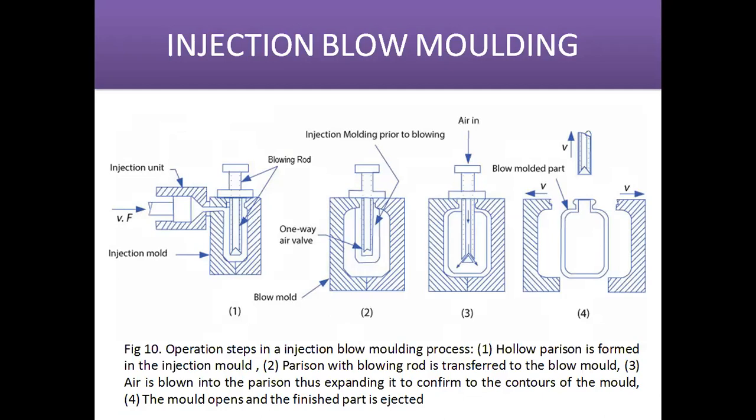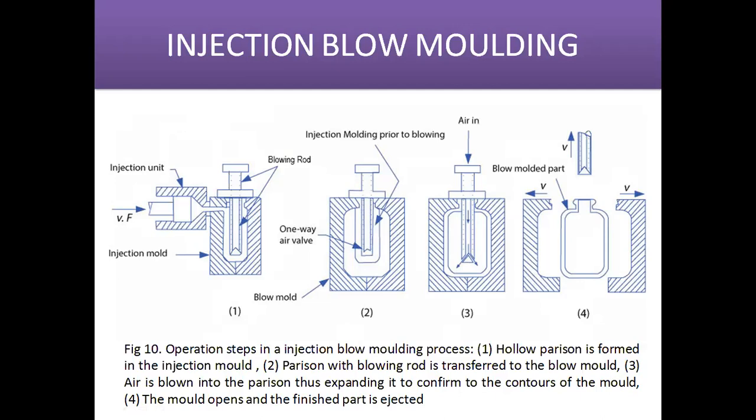The injection blow molding process is also a similar type of blow molding process. The only difference is that in the injection blow molding process, we produce the hollow parison with the help of the injection molding process.